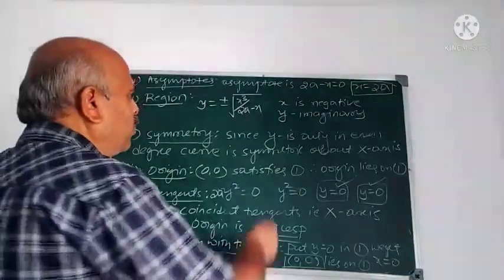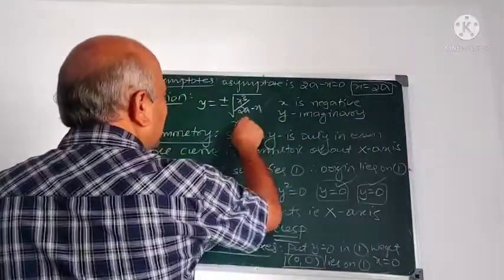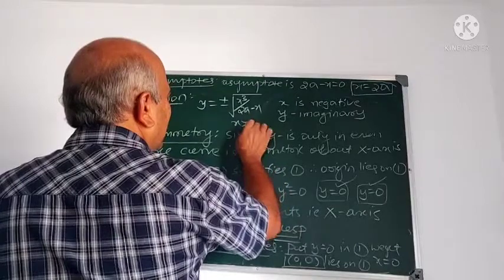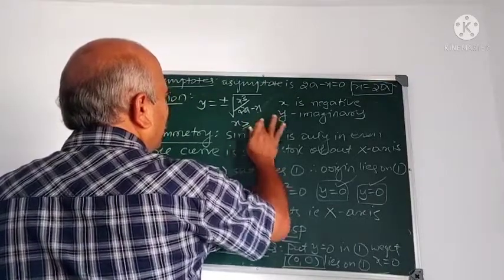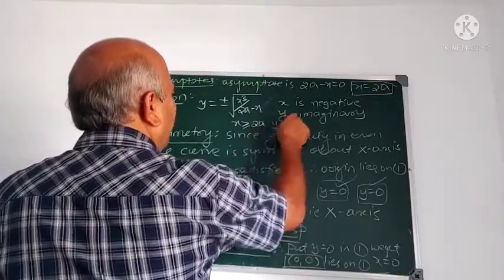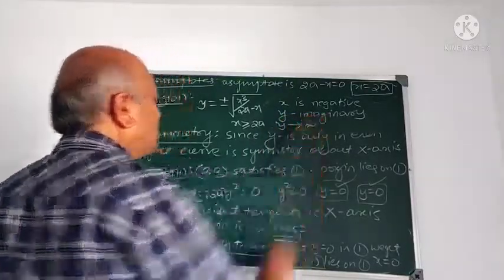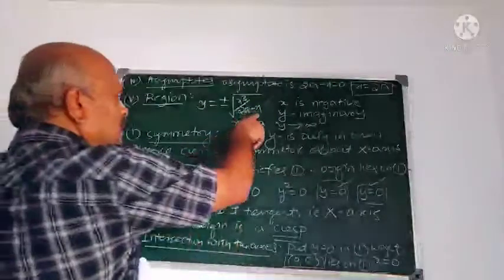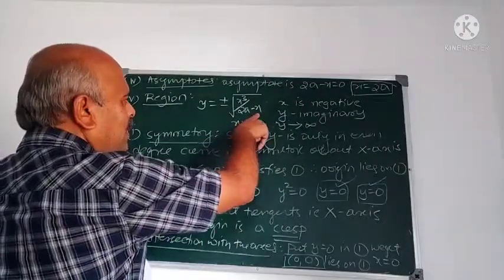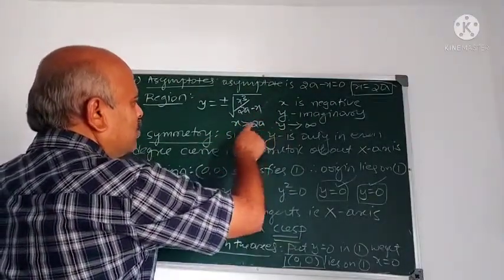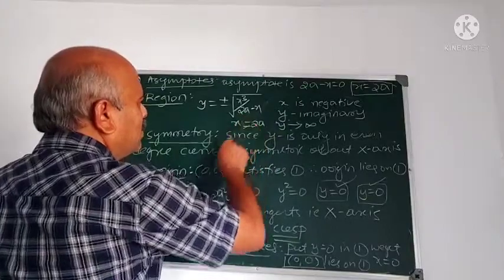And one more thing: when x is equal to 2a, y becomes infinity.